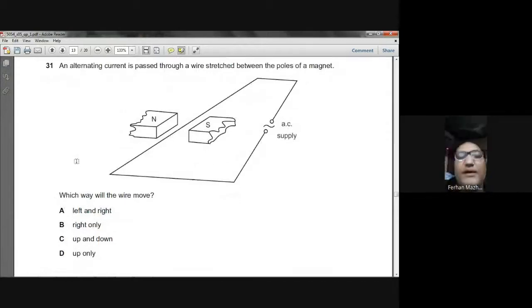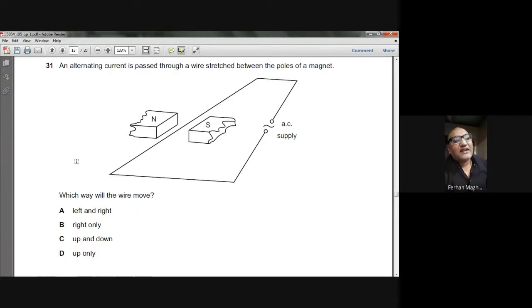You just try to understand what I'm saying. An alternating current is passed through a wire stretched between the poles of a magnet. Which way will the wire move? Remember this thing: whenever you place a wire which has current in it in a magnetic field, the conductor will experience a force.